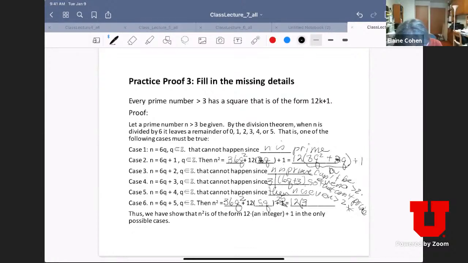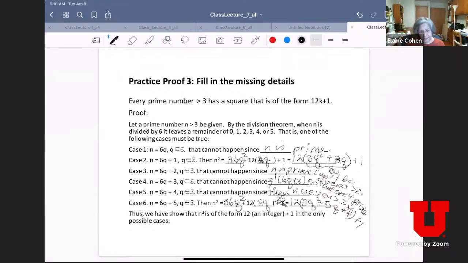Okay, so we're going to do it here. So then that's equal to 3q squared plus 5q plus 4 plus 1. So it's 12c plus 1, where c is equal to, and so on, which is true for closure.